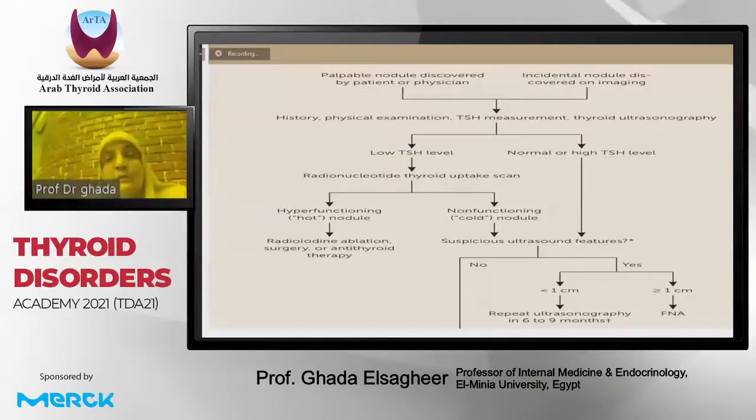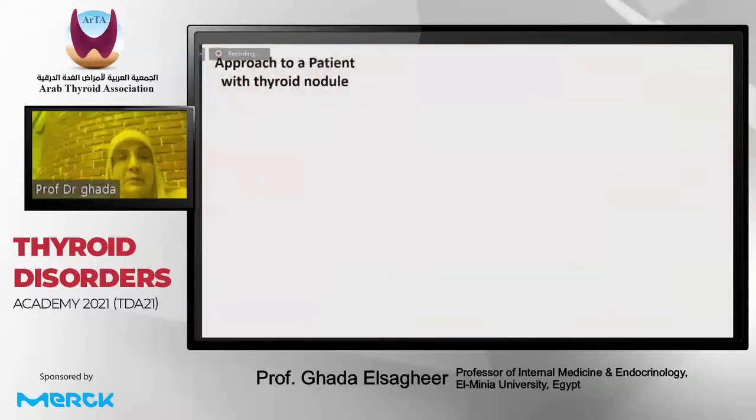If there is a cold nodule or from the start normal or high TSH level, we proceed to the ultrasound, and according to the ultrasound characteristics, if there are suspicious ultrasound features, we look for the size. If the size is below 1 centimeter, repeat ultrasonography in 6 to 8 months. If the size is equal or more than 1 centimeter, we proceed to fine needle aspiration biopsy.